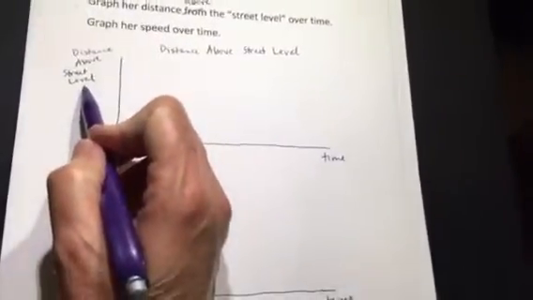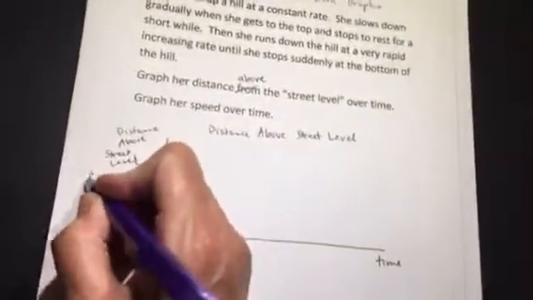Distance. We'll go with feet, meters, yards. Let's do feet. Okay. And then time-wise, I'm thinking, do I want to do seconds? I don't know how long she's going to stop to rest.